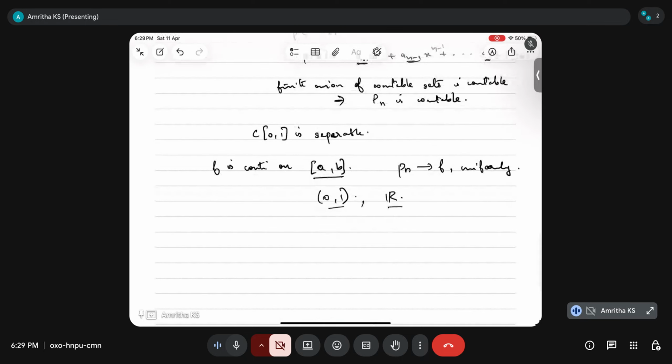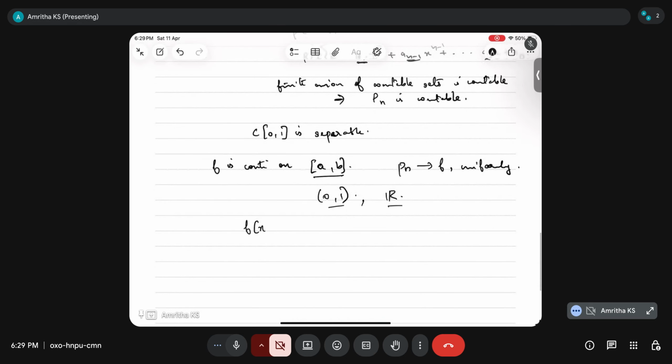For example, you can take f of x equal to 1 by x on (0, 1). Okay. Now this is continuous.